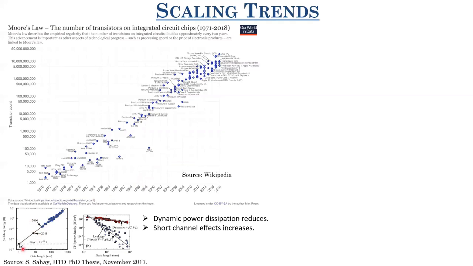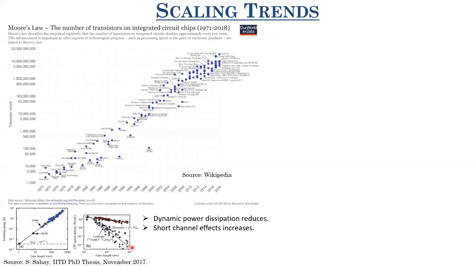So you see here that the switching energy is decreasing. As you reduce your gate length from, let's say, 1 micron to 10 nanometer, your switching energy, which is your dynamic power energy, reduces because your capacitance is decreasing as well as your supply voltage. However, if you compare this dynamic power with your static power, for gate lengths around 1 micron, your static power dissipation is quite low.